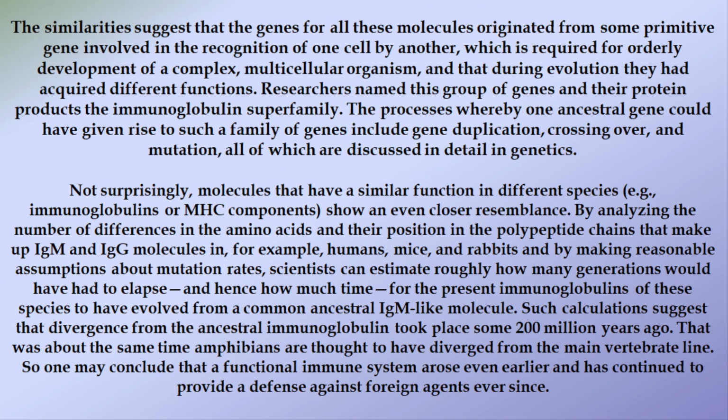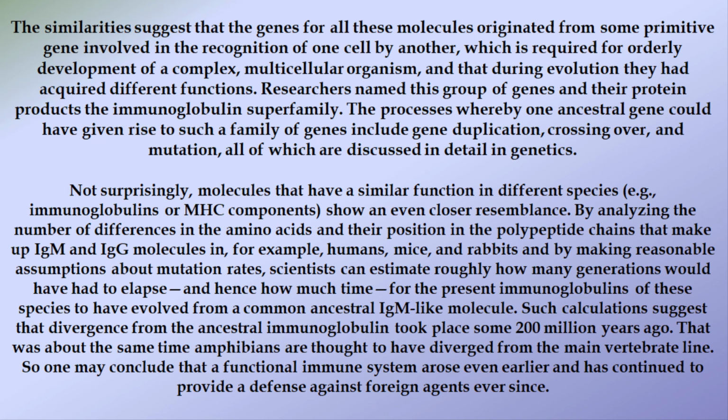The similarities suggest that the genes for all these molecules originated from some primitive gene involved in the recognition of one cell by another, which is required for orderly development of a complex, multicellular organism, and that during evolution they acquired different functions. Researchers named this group of genes and their protein products the immunoglobulin superfamily.